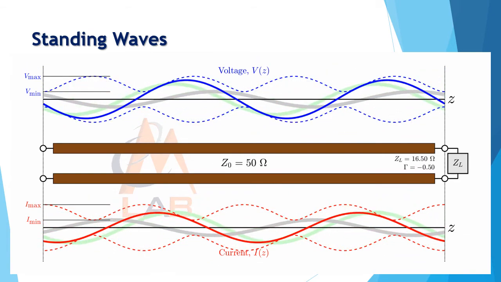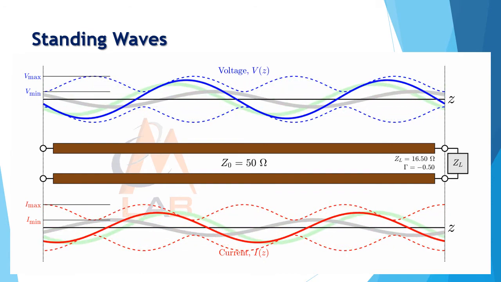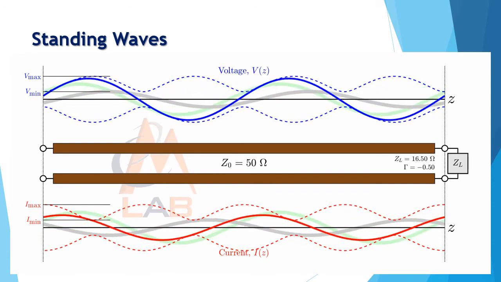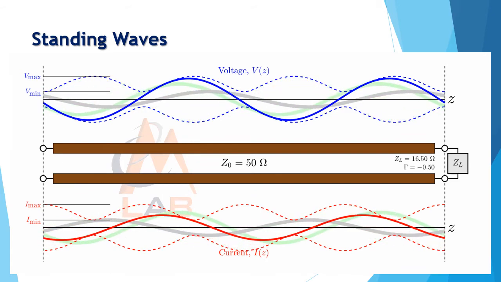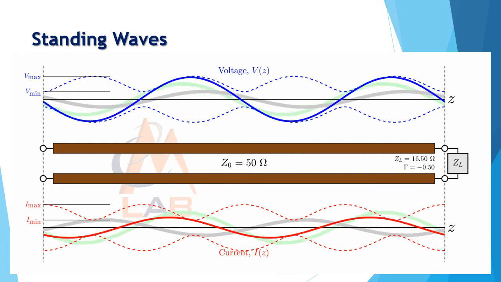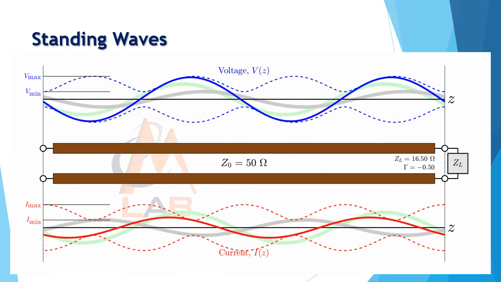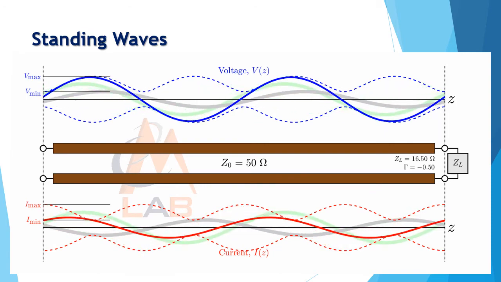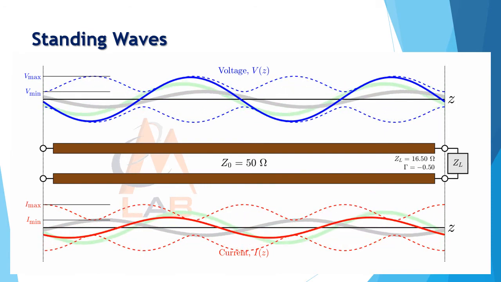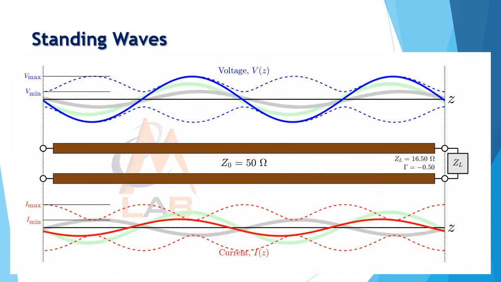Next, we have our load impedance equal to 16.5 ohms, our characteristic impedance still equal to 50 ohms, and so we have a reflection coefficient equal to -0.5, and the voltage and the current standing waves still follow the same principle as before.